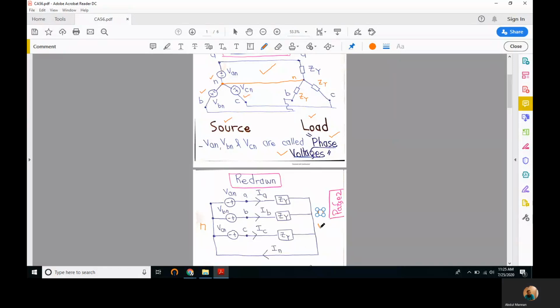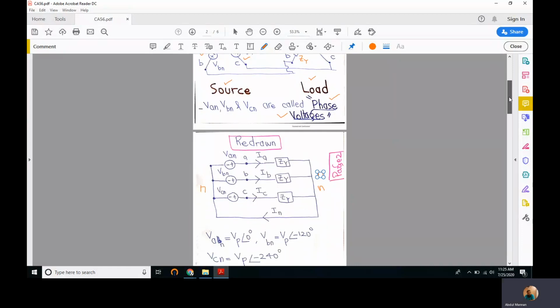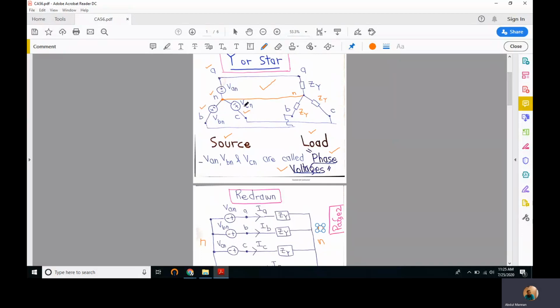So this is N, N, N, and that's all. Now we have all ends connected together. This is yet another way of drawing the same source and load connections that we have shown here.